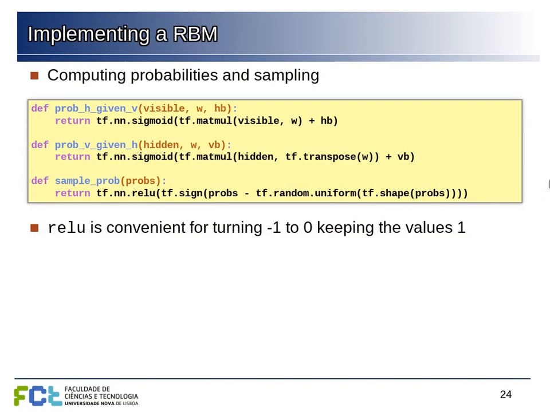Also, once we have these probabilities, this is a vector of values between 0 and 1, giving the probability of that variable being 1. We can use that to sample at random from that probability distribution and get all the values that are 1.